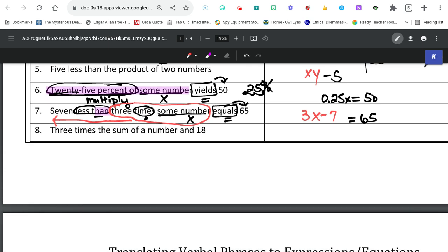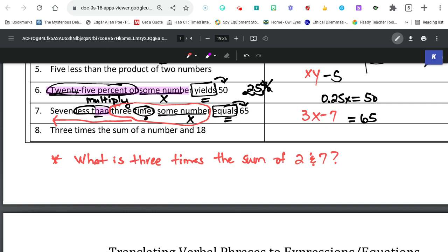All right, 8 is a tad bit tricky. Please pay attention. So before I even go over number 8, I'm going to just throw some things at you, okay? What is 3 times the sum of 2 and 7?